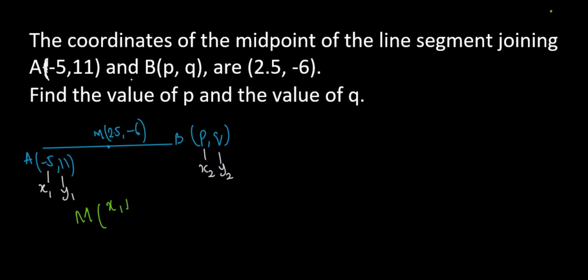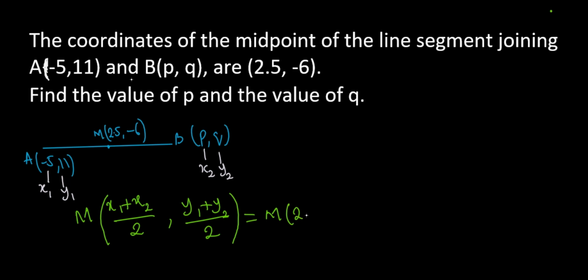So we'll still write the formula for the midpoint between the two points. We have been using this formula all this while. This midpoint here will also equal the midpoint we are given, which is (2.5, -6).